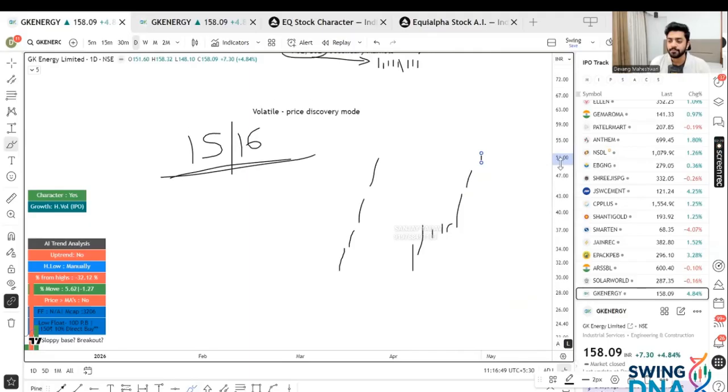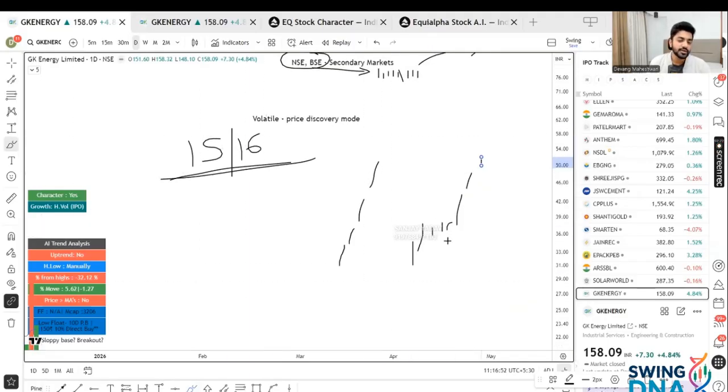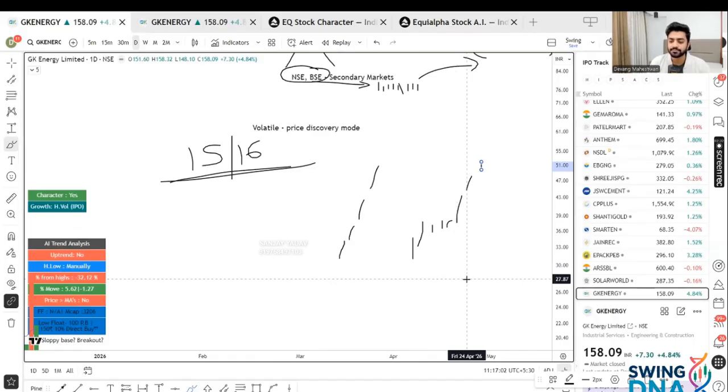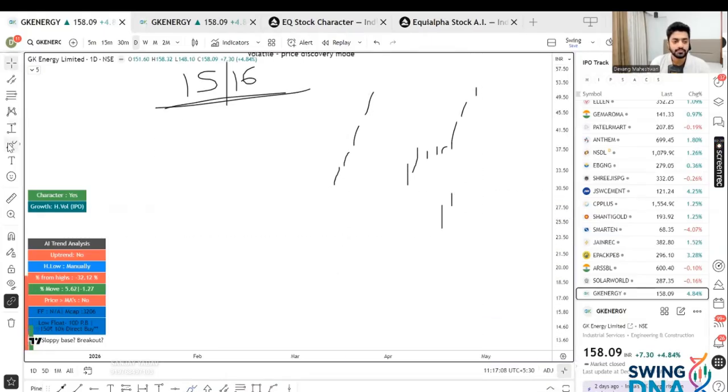This is just after listing, for the first 12-15 sessions I am telling you, and after that we'll discuss what can happen next. The third case can be a stock which has given some blast, goes sideways for a few days, 3-4, tries to move up again, and then it fails.